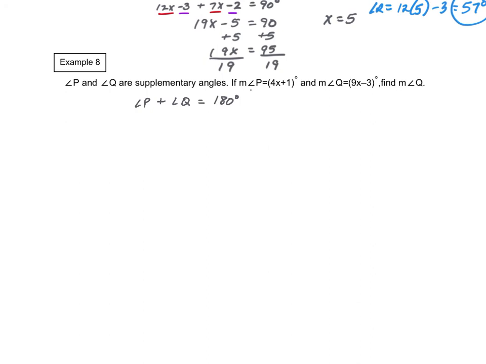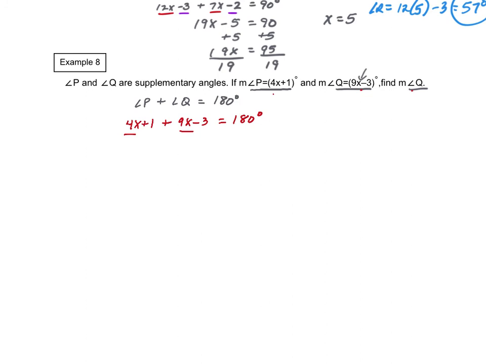Then it tells me the measurement of P and the measurement of Q, and then it says find Q. Well, in order to find Q, we solve for that variable. So let's do some substitution. P is 4x plus 1. Angle Q is 9x minus 3, and they combined equal 180 degrees.